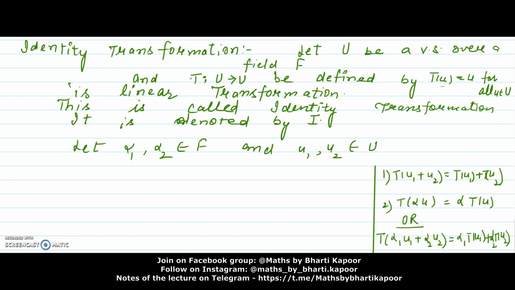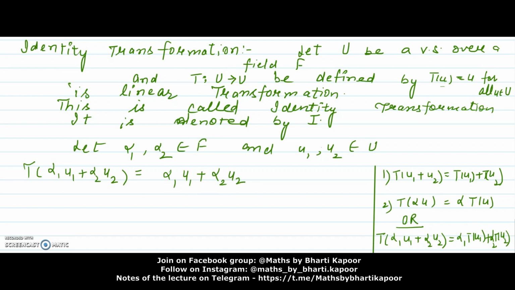Let's see whether this T is a linear transformation or not. Consider the left hand side of this property, T of alpha 1 U1 plus alpha 2 U2. It has been defined that the image of U is U itself under T. So it will be alpha 1 U1 plus alpha 2 U2.